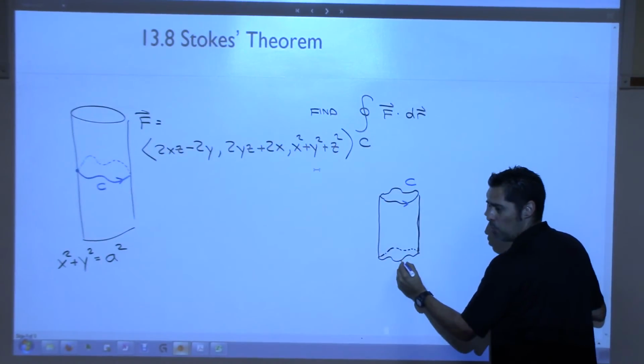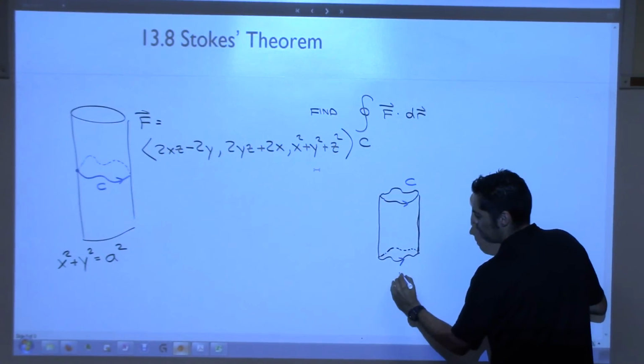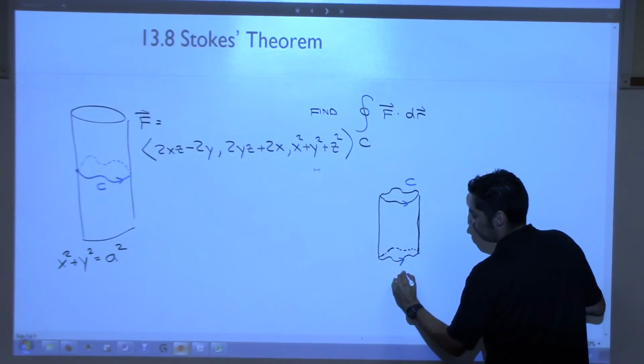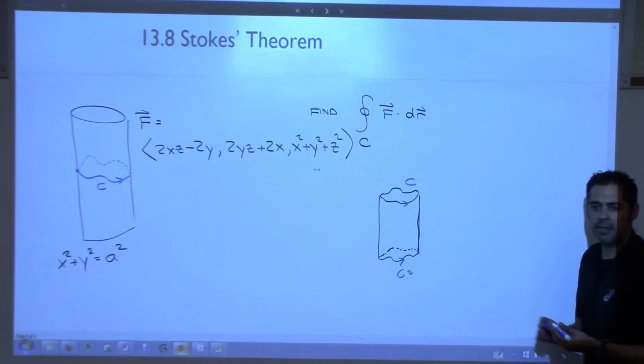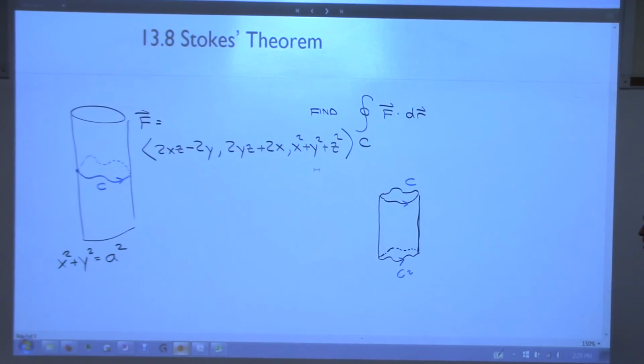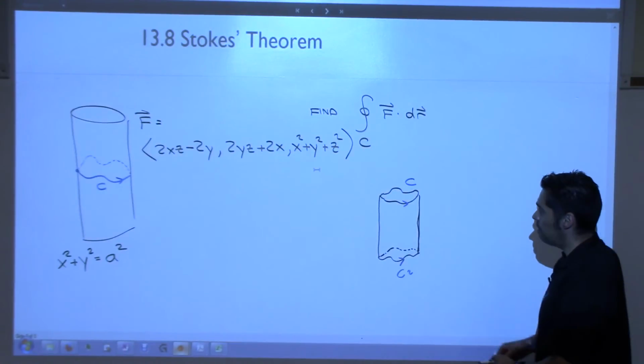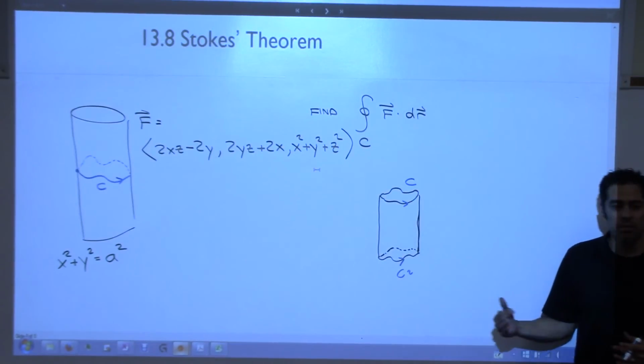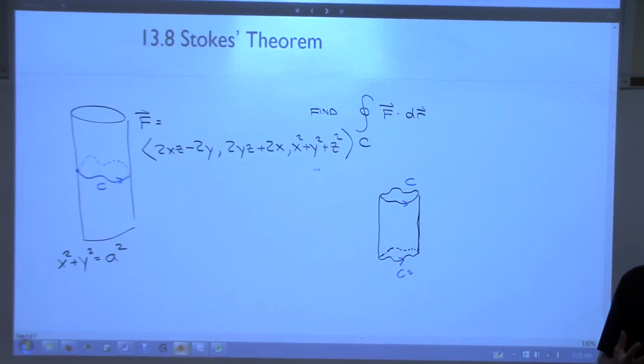And then this bottom one down here, which I will call C2. All right, is that okay? I didn't call this one C1, but I'll call that C2, just so there's no confusion. So do you see that C together with C2 enclose the surface?